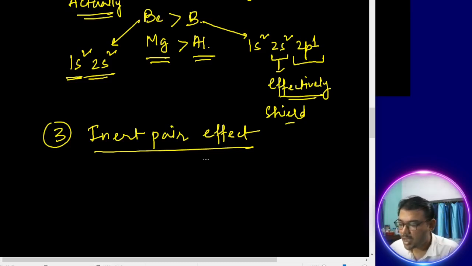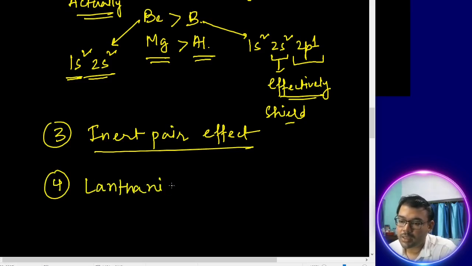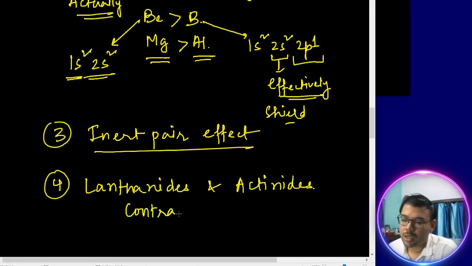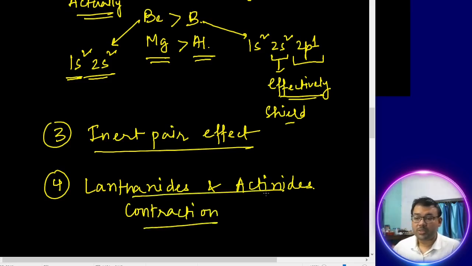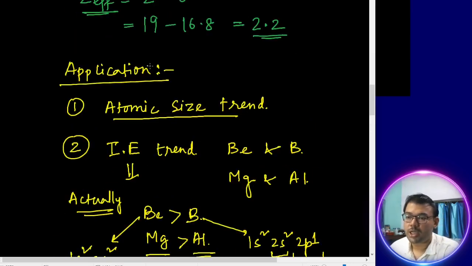Also we can understand the lanthanide and actinide contraction. I'm also going to make a separate video lecture on lanthanide and actinide contraction. So this is a beautiful application of the shielding effect.